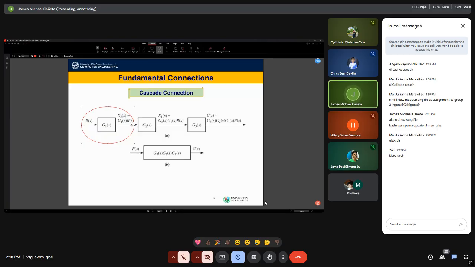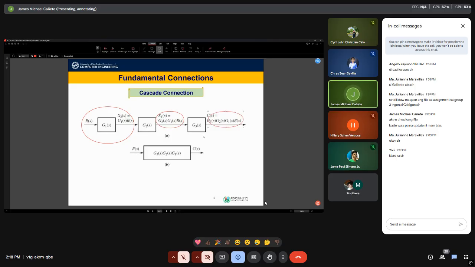Now, when we take the signal and pass it on, the output of this block is now the input of another block, and the result is still the same. The operation is the same, multiplication. So we take this signal, x sub 2, multiply it with g sub 2, then we get this one again. This will continue on as long as you have this series connection.